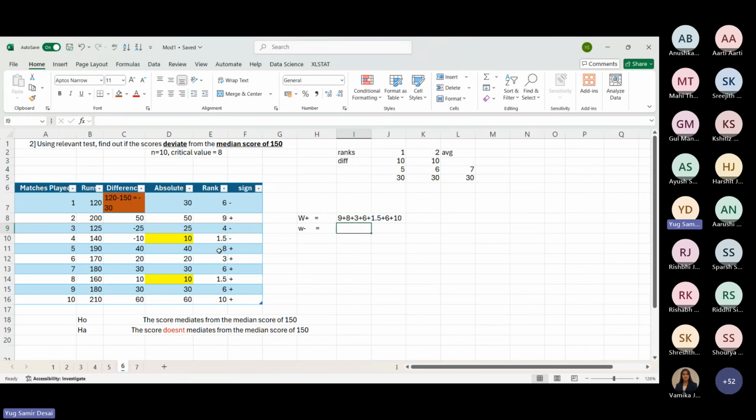We consider the positive and the negative signed values for all the ranks individually. So W plus is the sum of the positive difference ranks, and W minus is the total of the ranks for all of those differences which were negative. So here we had 6, 4, and 1.5.